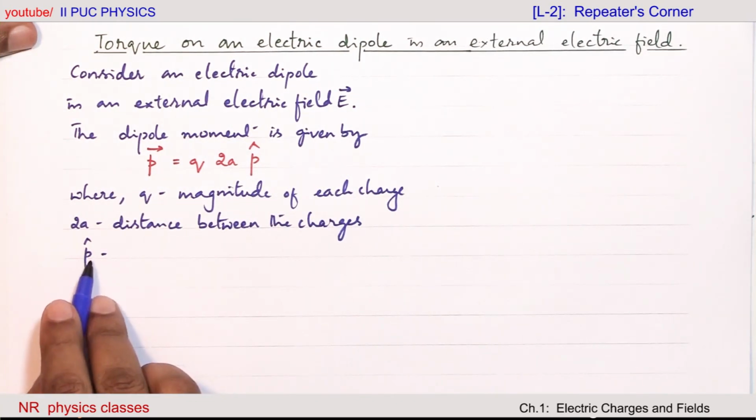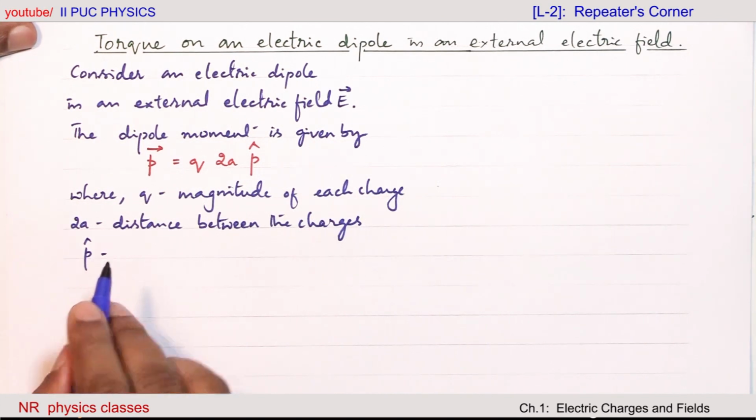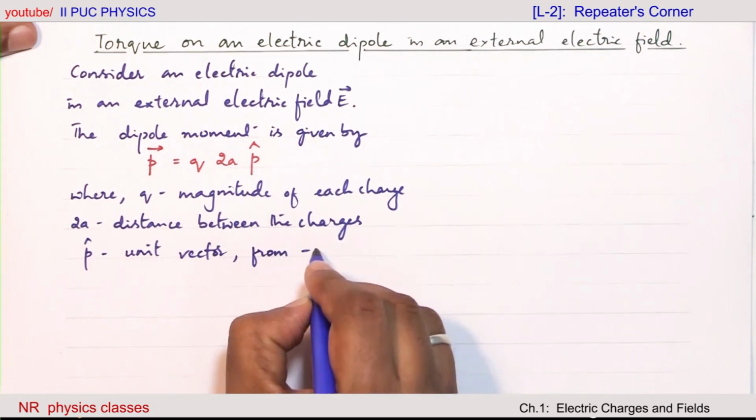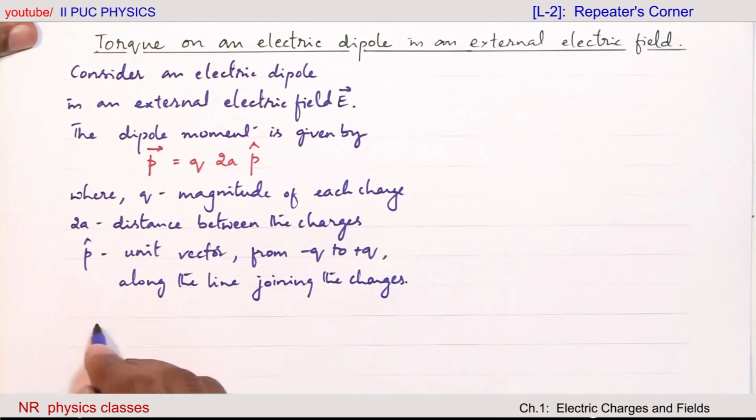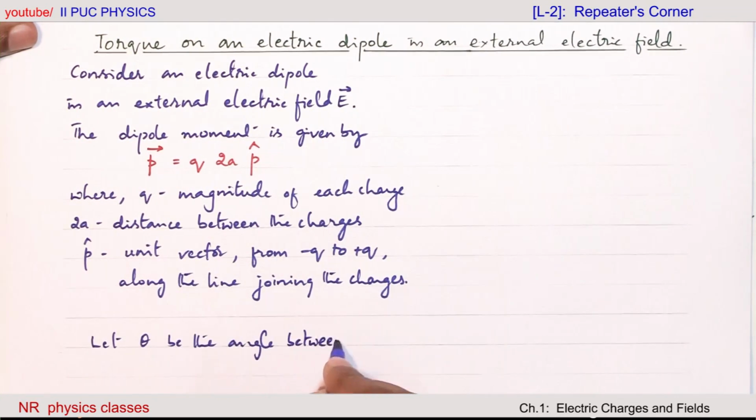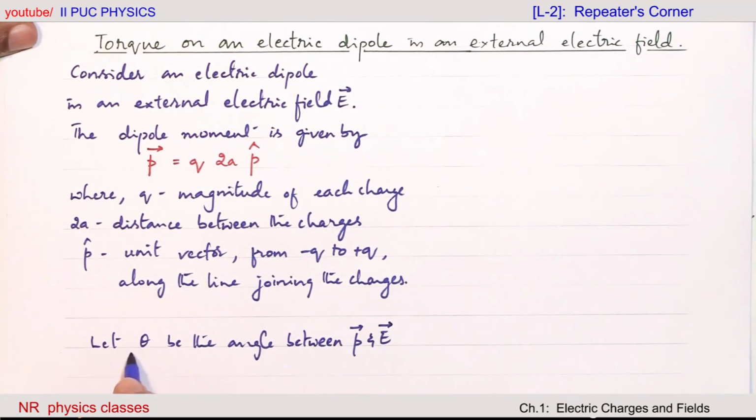P cap is unit vector from minus Q to plus Q along the line joining the charges. Let theta be the angle between P and E.